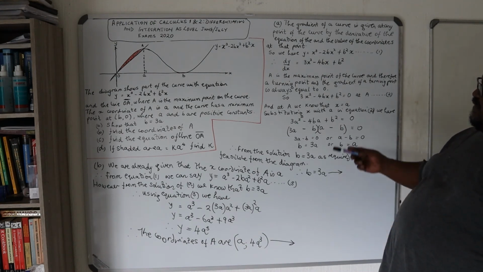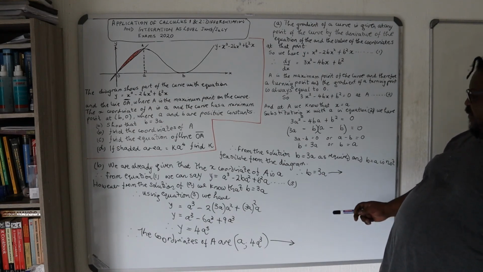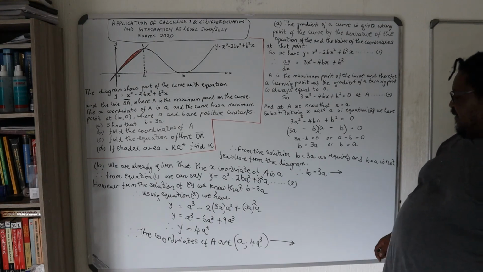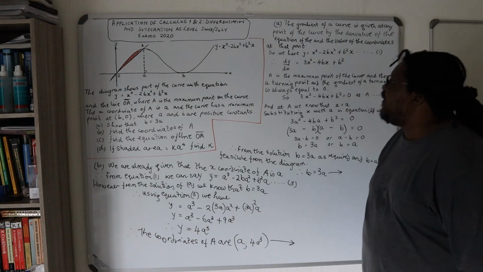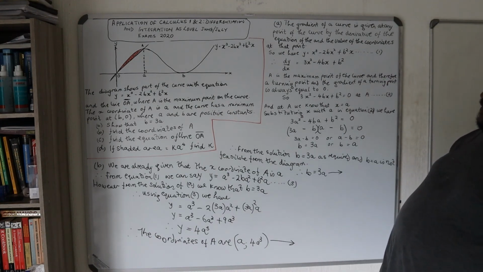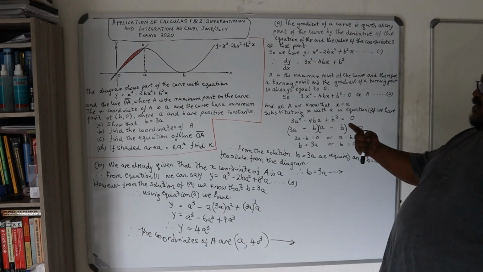So we know now that the coordinates of A are small letter a for x and 4a to the power 3 for y. Then now that we know the coordinates of A and also the fact that OA passes through the origin, we can find the equation of the line OA. So we are going to wrap the board and then we will do C and D.